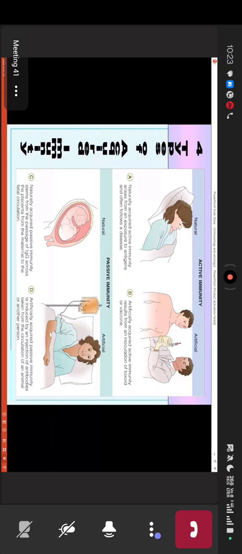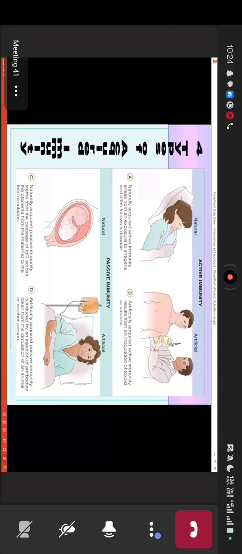Let me briefly highlight how our body starts producing antibody. How is it developed? First, the antigen enters into the human body, right? As soon as the antigen enters the human body, our immune system gets evoked.